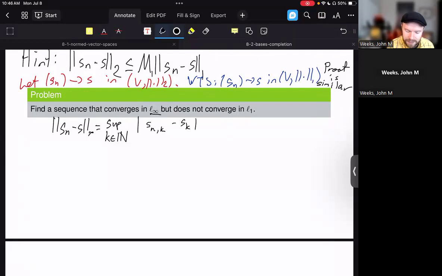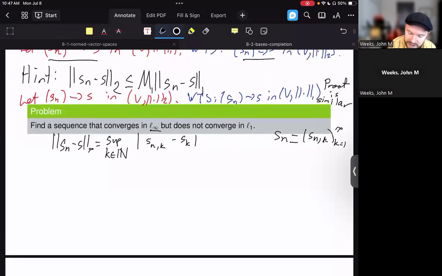What I mean by S of nk is that I'm looking at a sequence called S of n, and the elements of that sequence will be S of nk as k goes from 1 to infinity. So that's how I'll fix my notation here.